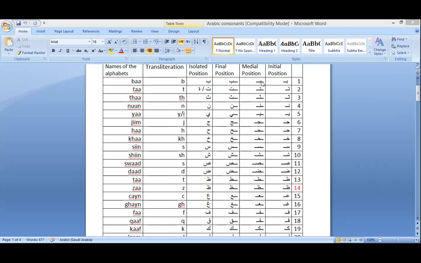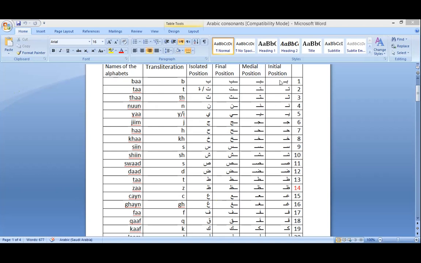But before the line is drawn, look at ba, ta, tha, na, and ya. If there's any change, you compare isolated, initial, and middle. Is there any change in these 5 letters? No.